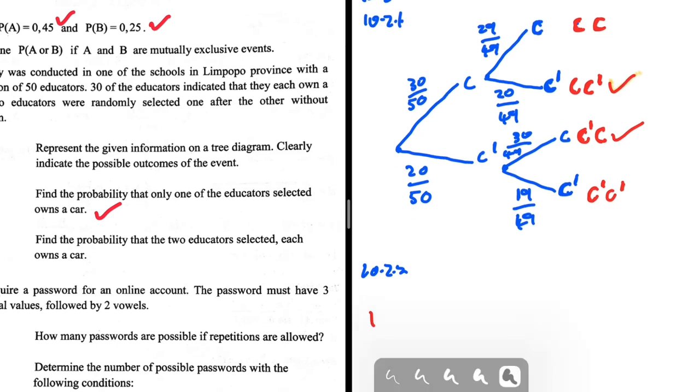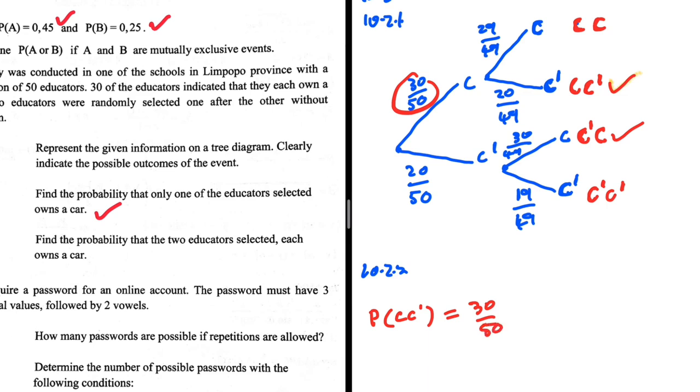So let's say that the probability of C and not C, the first teacher owning a car and the second not having one, will be the probability of owning a car for the first teacher, which is 30 over 50, multiplied by the probability of the second teacher not having a car after the first has. That will be 20 over 49.